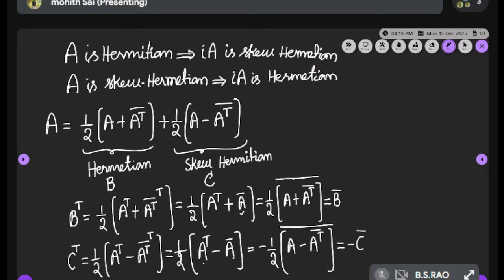Is it clear? So every square matrix can be expressed as the sum of a Hermitian and a skew Hermitian matrix.